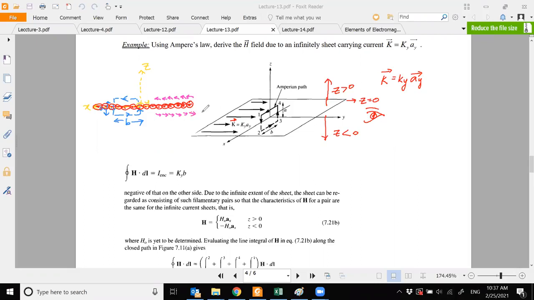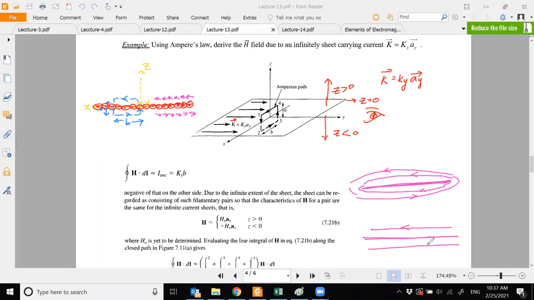So they will all add up, and the magnetic field which will be created will be something like this. And this is your sheet. Of course, if you go to the edges, you will see something different. And if it is an infinite sheet, then the magnetic field will be like this, and in this direction, it will be like this.